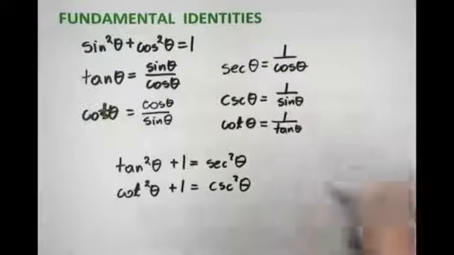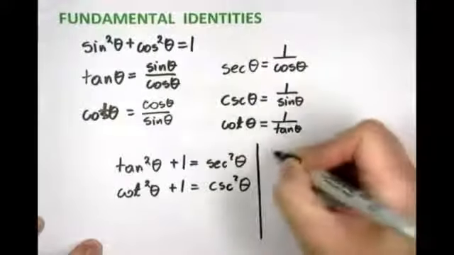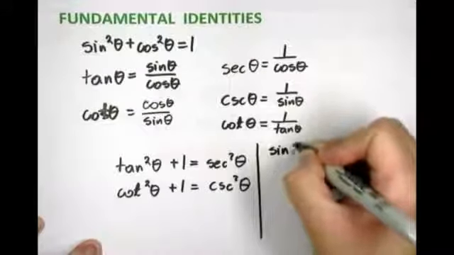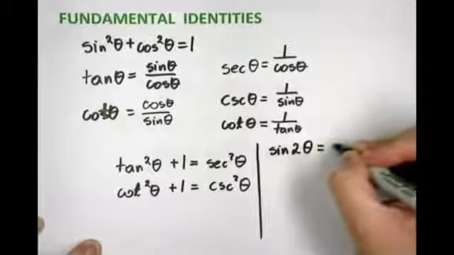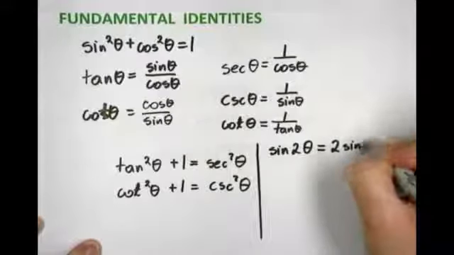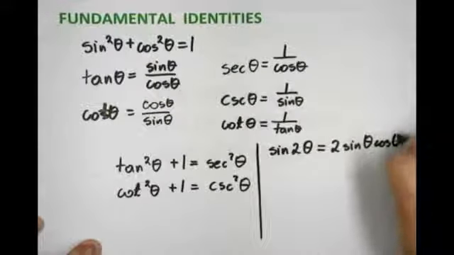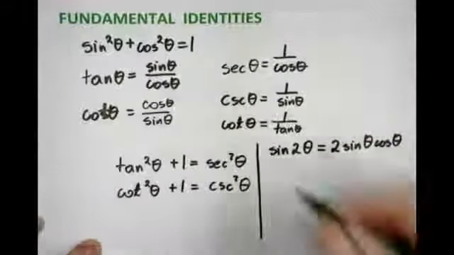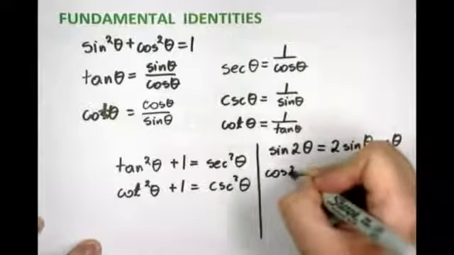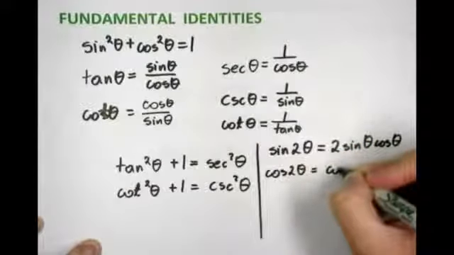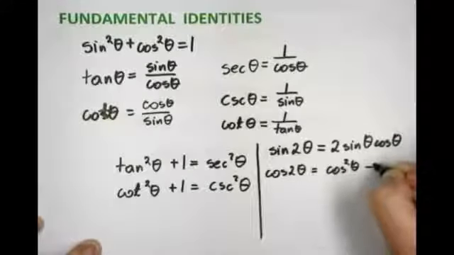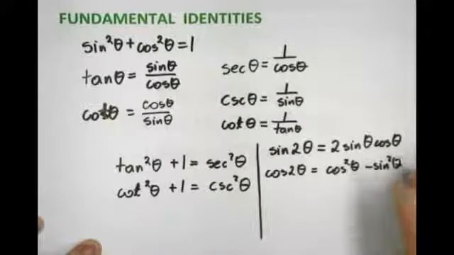Basic double angle, so that means sine 2 theta is equal to 2 sine theta cos theta, and also cos 2 theta is equal to cos squared theta minus sine squared theta.